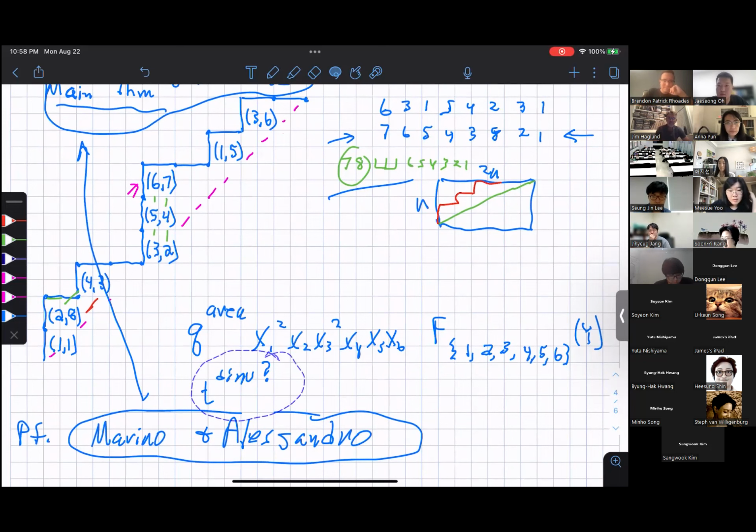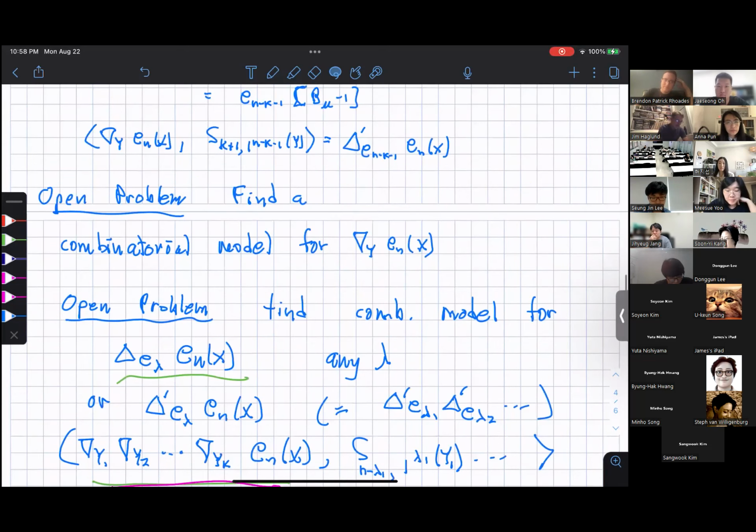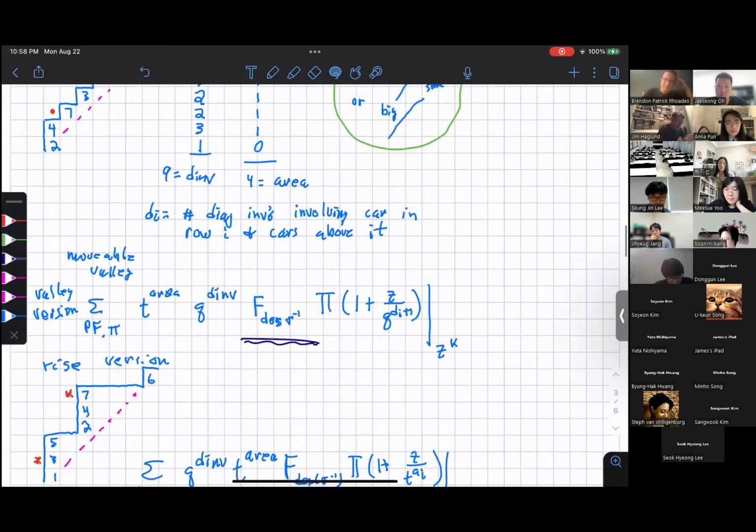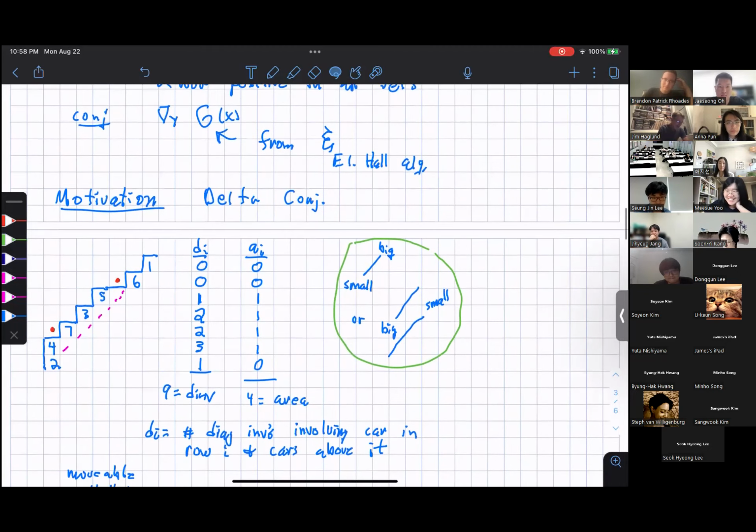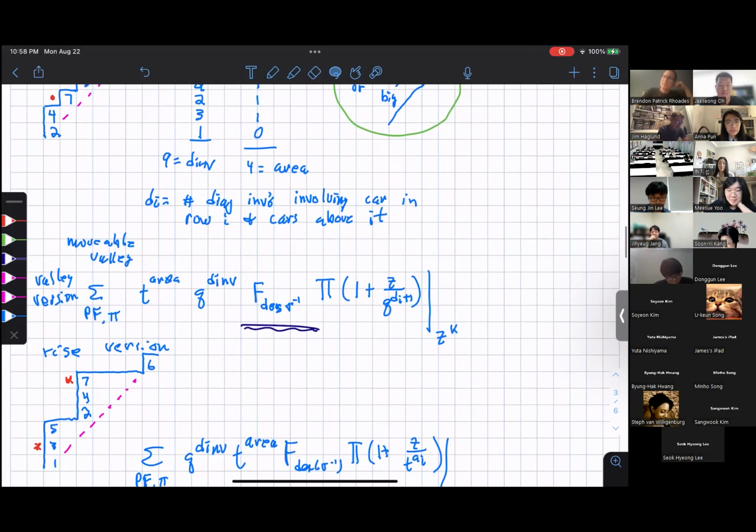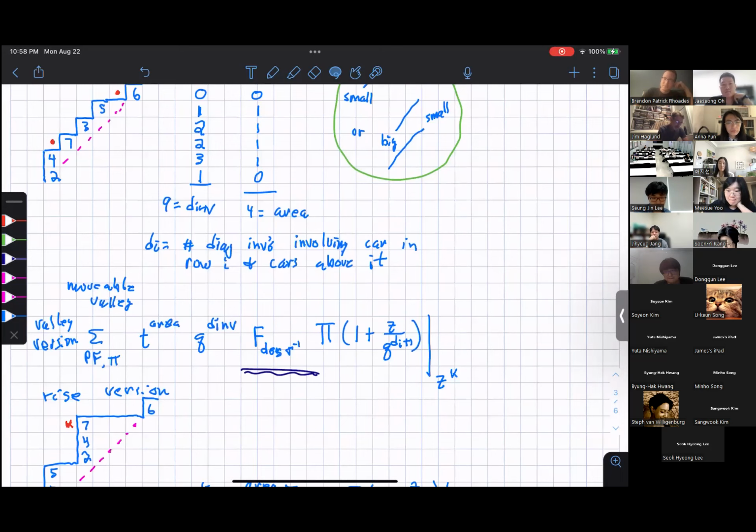Is there any question or comment? I have a question. In the delta conjecture, what makes the valley version so hard to prove? I wish I knew more, but one of the things that makes it hard to prove is that it's not obviously a sum of LLT polynomials.